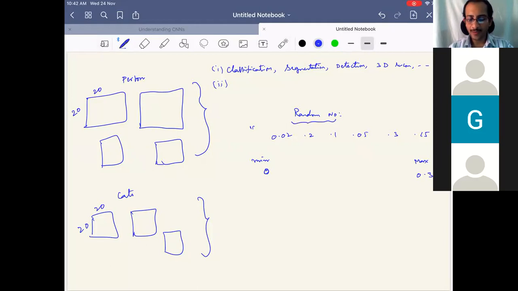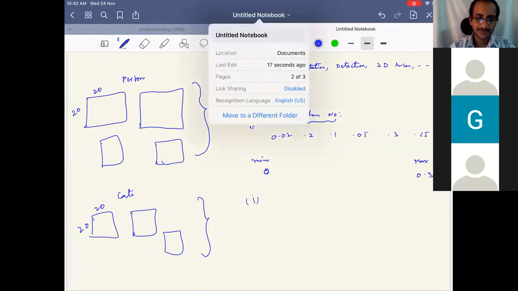What can you tell about these random numbers? Can you make any very vague guess about them, or if I ask you to describe these random numbers, is there any way you can describe them?